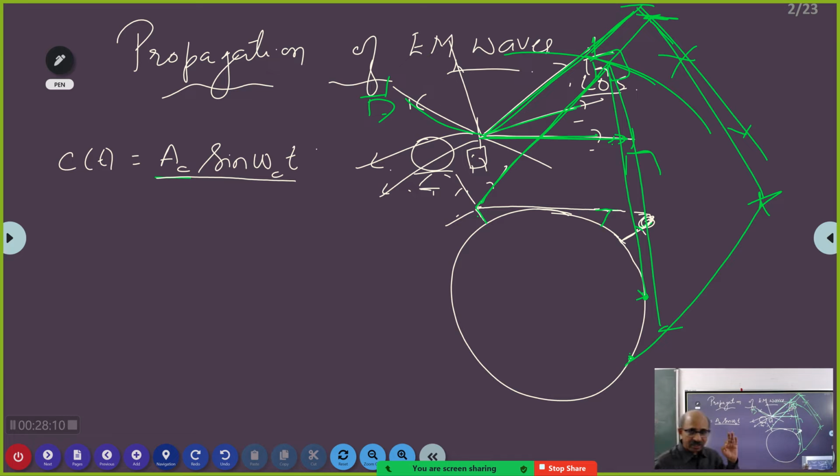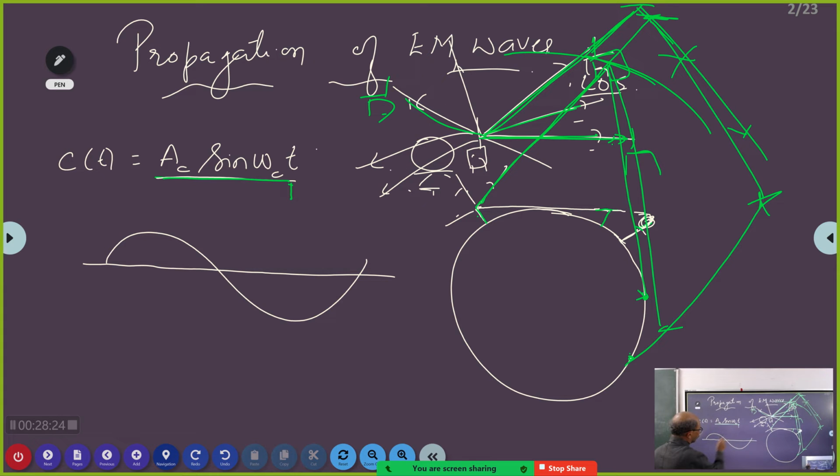It is nothing but the displacement of the physical quantity from its mean position. What I mean is, if the sinusoidal waveform is like this, then this quantity at some instant of time t represents this value. Correct? That's what you have to understand.